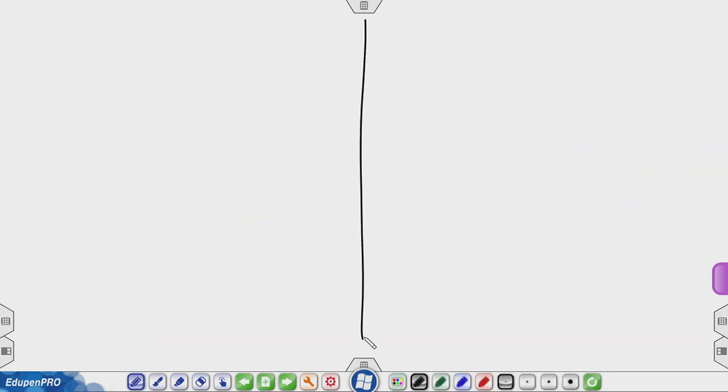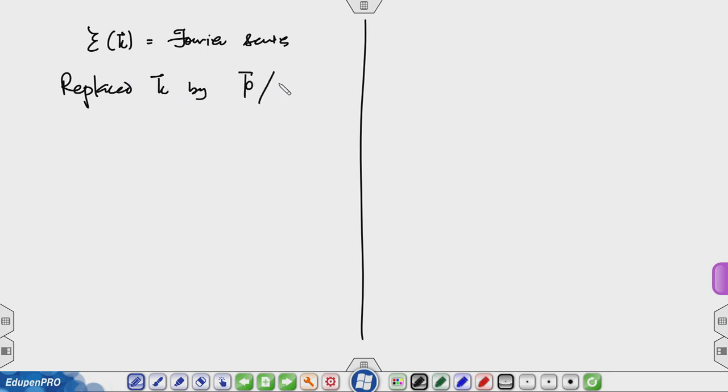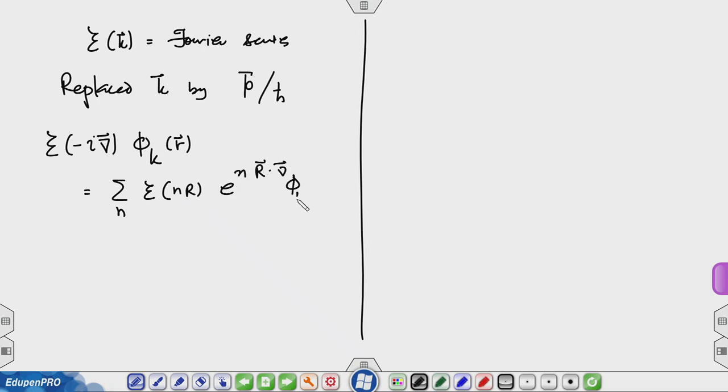What I did is, I took this E k, wrote this as a Fourier series, replaced k by p over h cross operator, and therefore, E, sorry, this is not vector, this is energy E minus I del operating on phi k r gave me summation over n E n r e raised to n r dot del operating on phi k r.